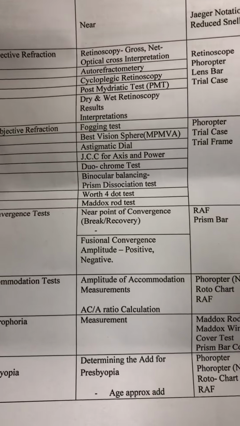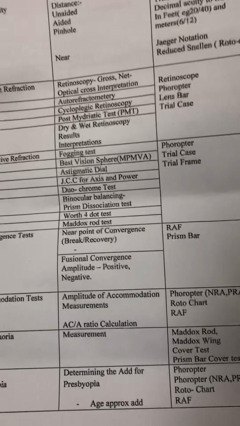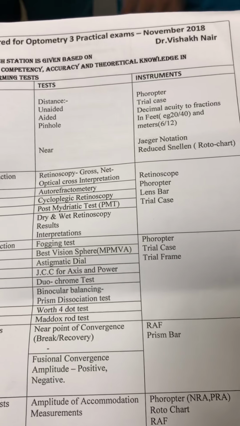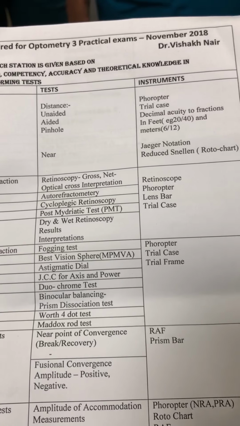Fogging. If you want to do a fogging test on an emmetrope, how do you start? With a +1. If you are a myope, always remember +1. If you are a hyperope, +1. It's always +1, you add +1 to the value.